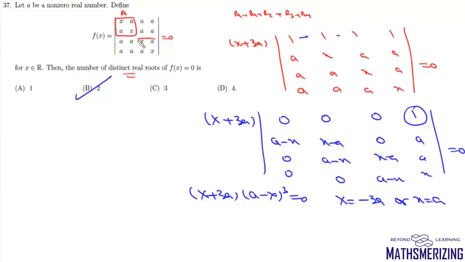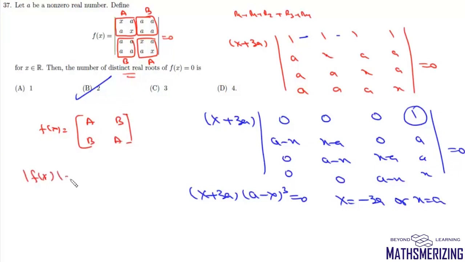4 blocks. This is A and this is B. So we can write this matrix f(x) as A, B, B, A. Now determinant of f(x) will be determinant of A plus B into determinant of A minus B, and if it is 0, then either determinant of A plus B is 0 or determinant of A minus B is 0.